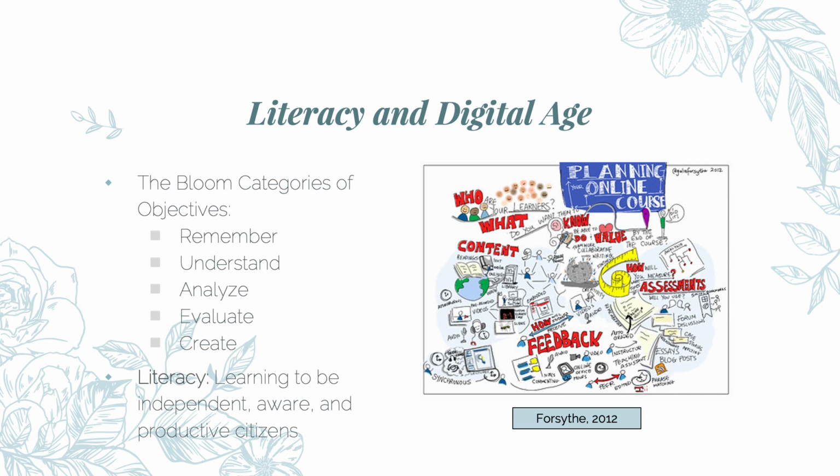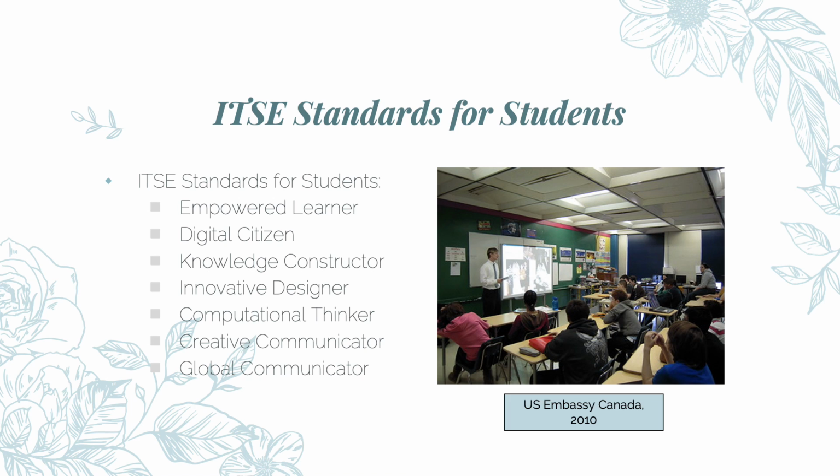And for the literacy part, literacy just means learning to be independent, aware, and productive citizens. The ISTE standards for students are that they're a digital citizen, a knowledge constructor, innovative designer, computational thinker, global communicator, creative communicator, and an empowered learner.